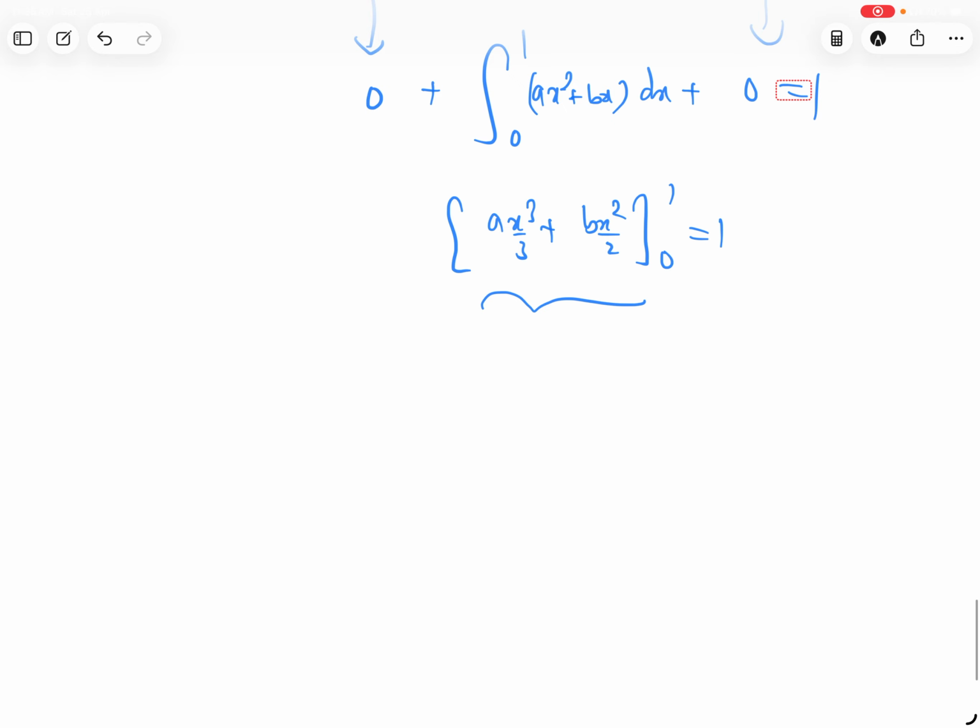After putting the limits, you get a/3 + b/2 equal to 1. That's equation 1.